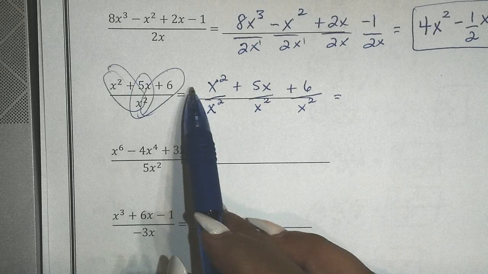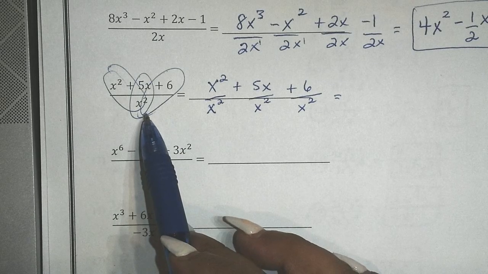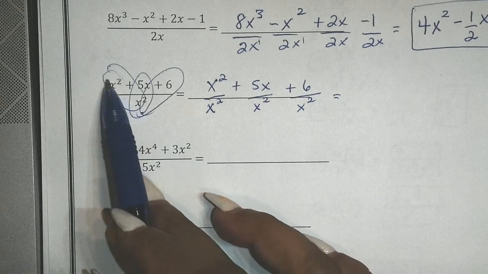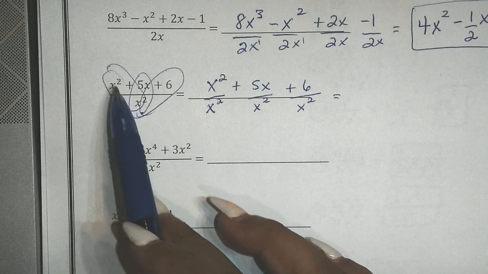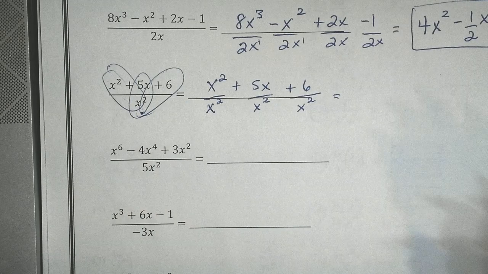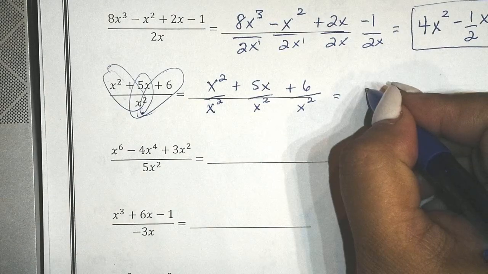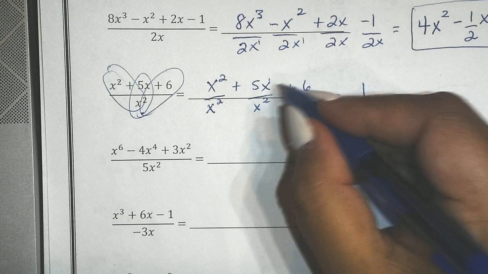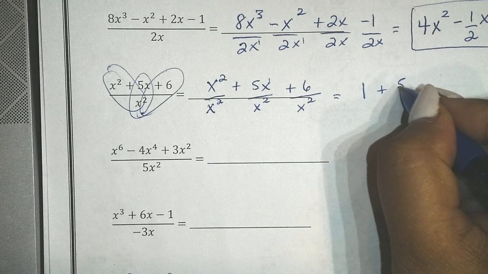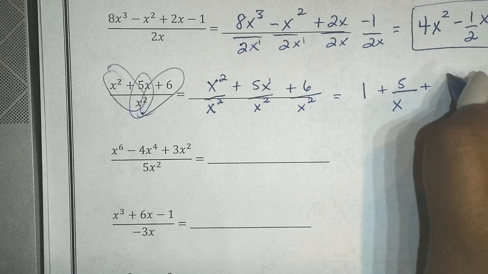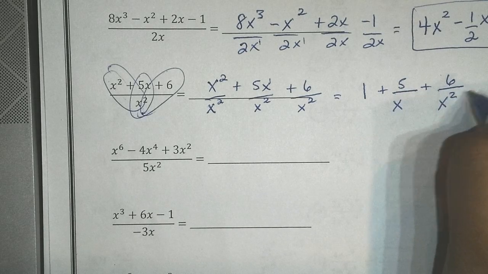So when you have a polynomial divided by a monomial, you can simplify it by dividing every term by that monomial. Alright, so x squared divided by x squared is 1. This is plus 5 over x and plus 6 over x squared.